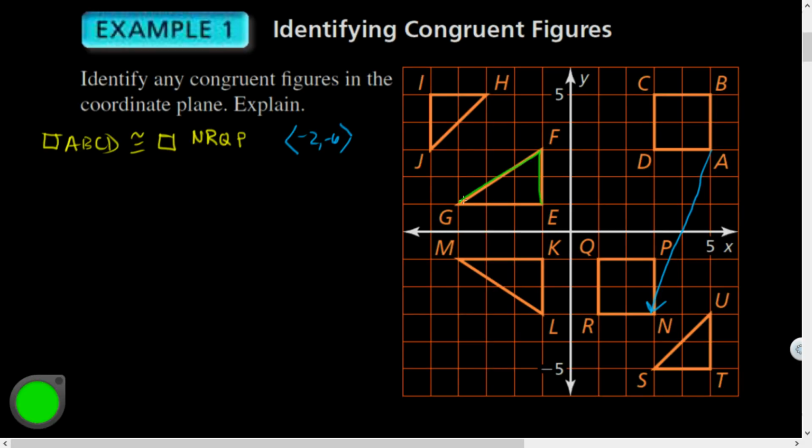All right, how about this one here? Does it have a congruent buddy? Triangle FEG is congruent to triangle... Nope, I disagree.